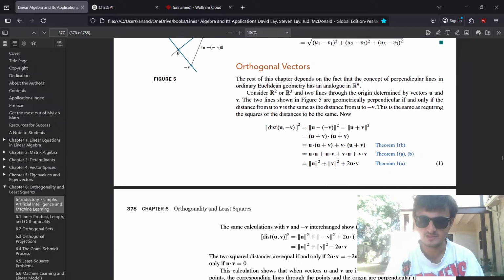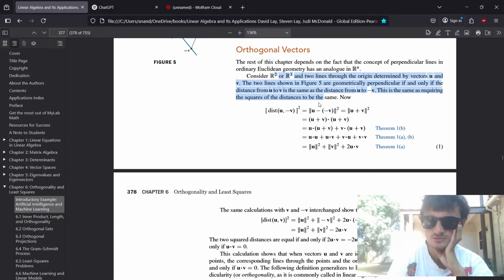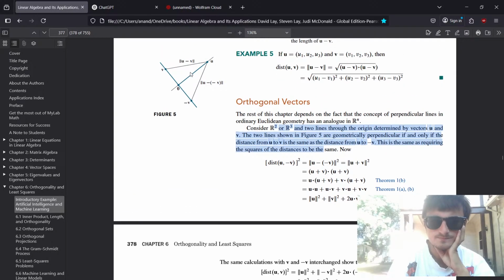The rest of the chapter depends on the concept of perpendicular lines in ordinary Euclidean geometry and has an analog in Rn. Consider R2 or R3 and two lines through the origin determined by vectors u and v. The two lines are perpendicular if and only if the distance from u to v is the same as the distance from u to minus v.